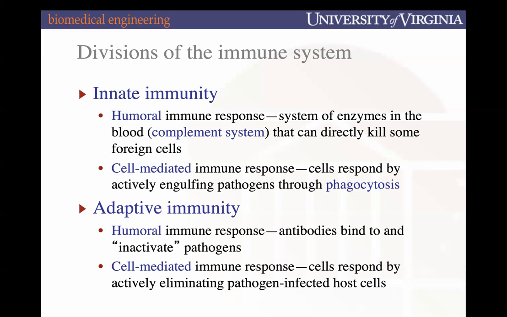If it evades detection by our innate immune system, then there's a specific cell that's kind of the bridge between innate and adaptive. It'll break it down, present it, and go to our lymph nodes and ask, are there any T cells that recognize this? And then there are B cells that look at it and say, okay, that's my epitope. That's what I'm meant to respond to. And then adaptive immunity will take over and kick in.